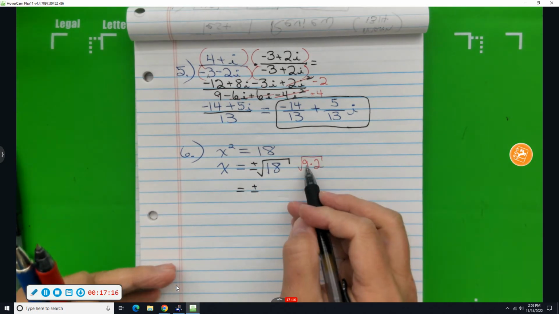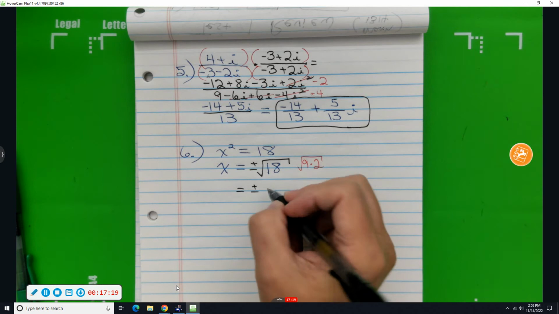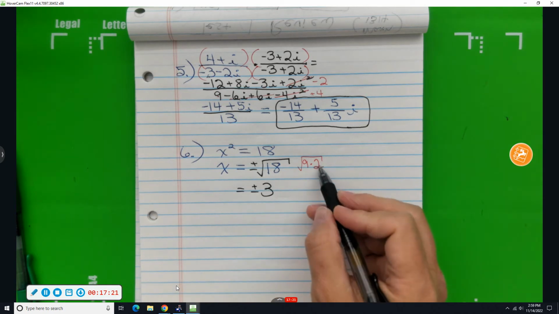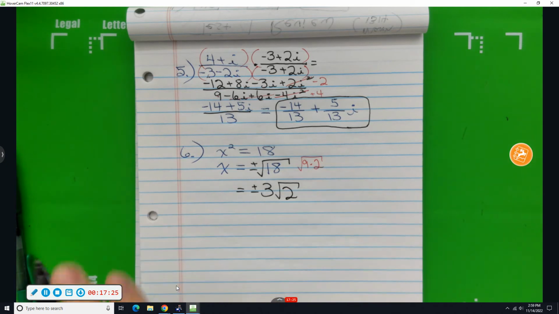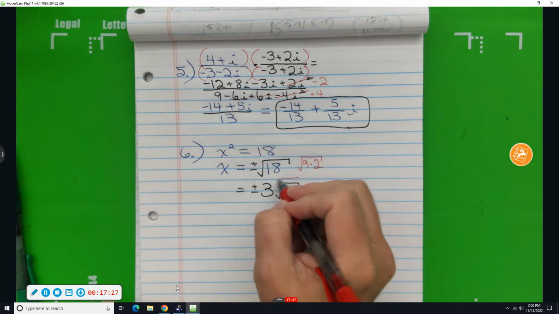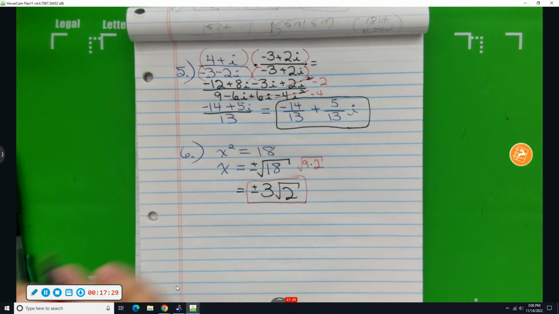The square root of 9 is 3, but what do we do with the 2? You leave it under the radical. So plus or minus 3 square roots of 2 is our final answer.